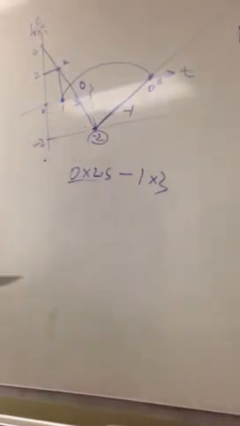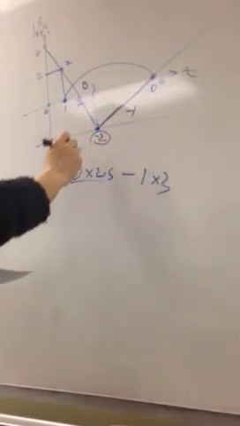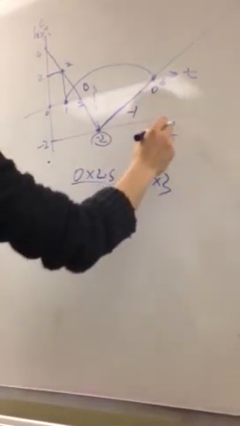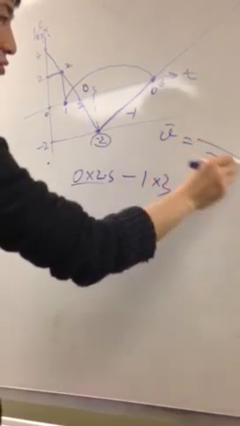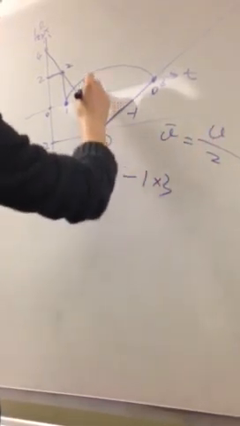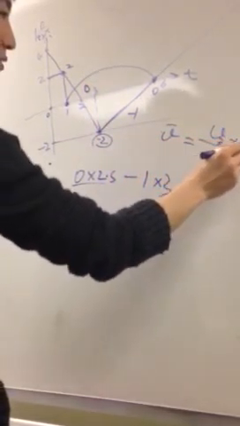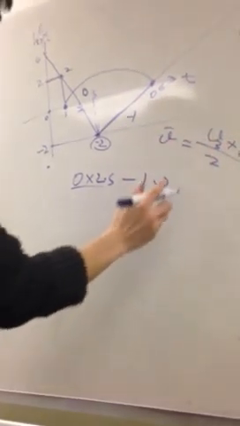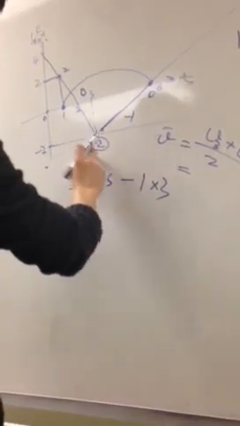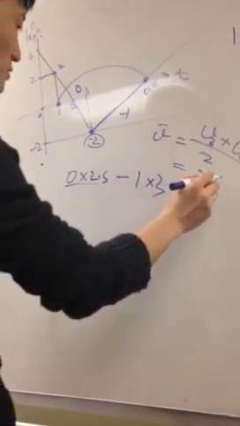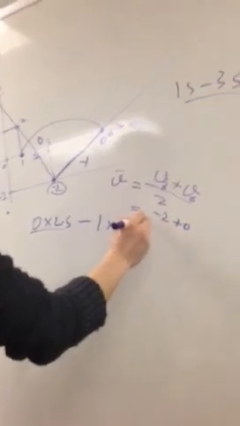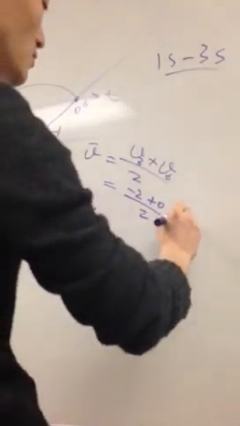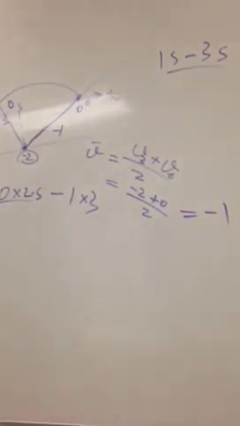Because here the speed is -2, and here it is 0. The average is V at 3 seconds plus V at 6 seconds, averaged. 3 seconds is -2, 6 seconds is 0, so it will be -1.